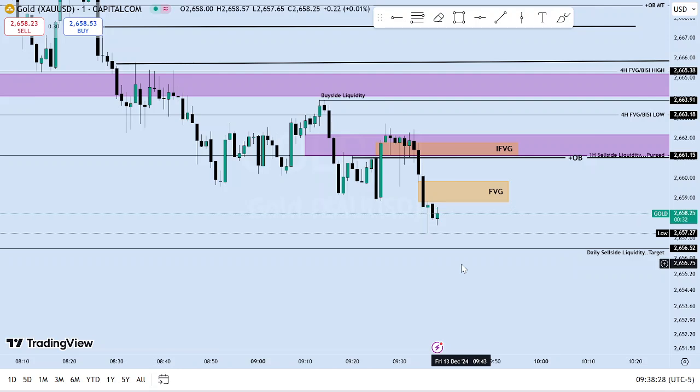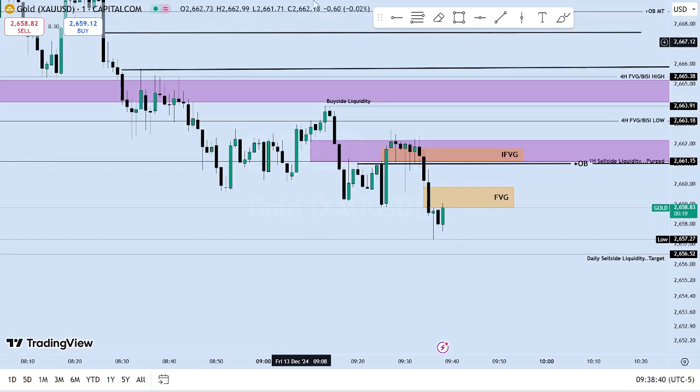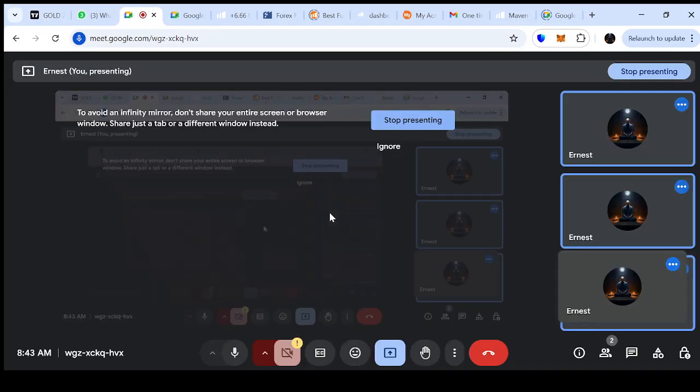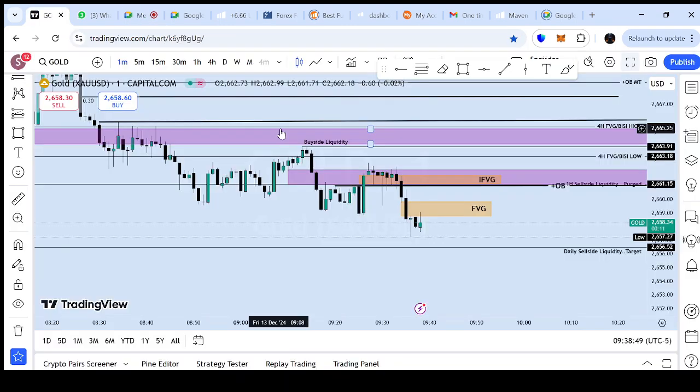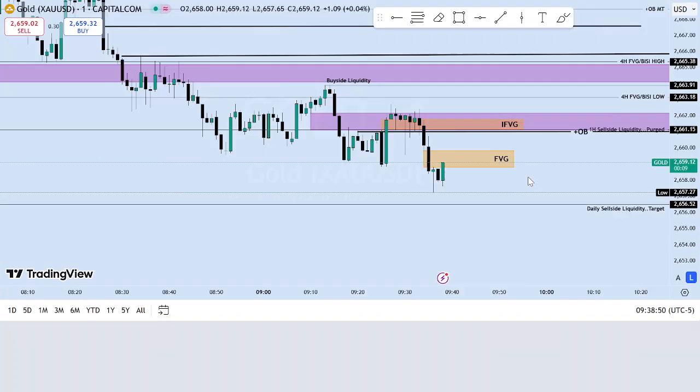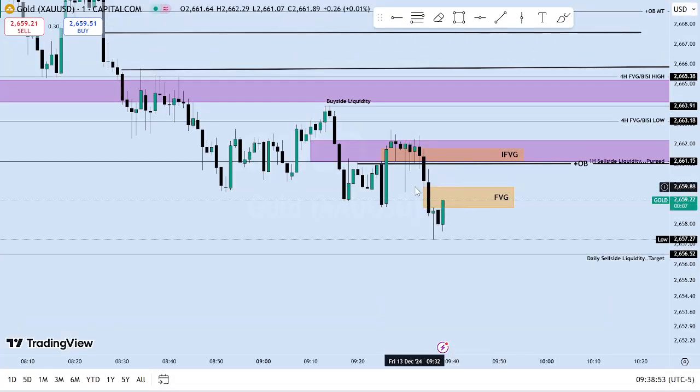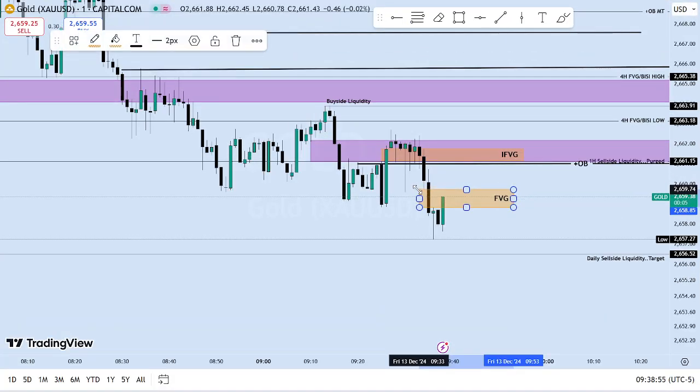To see price deliver inside that fair value gap. Delivered inside it.